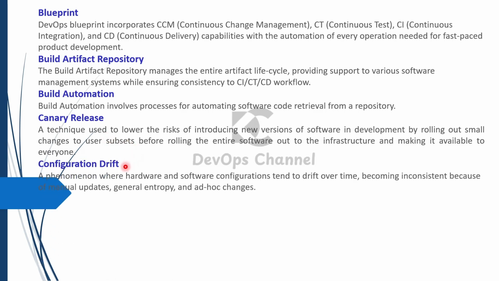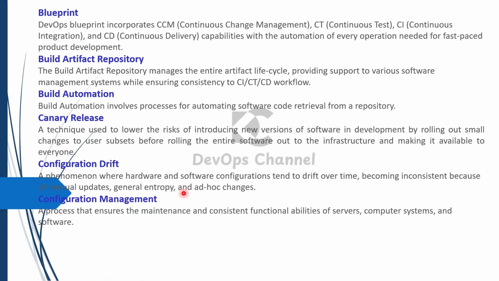Next one is configuration drift. A phenomenon where hardware and software configuration tends to drift over time, becoming inconsistent because of manual updates, general entropy, and ad hoc changes. Okay, ad hoc means unplanned changes, kind of. Next one, configuration management. We have also discussed it in a separate lecture.